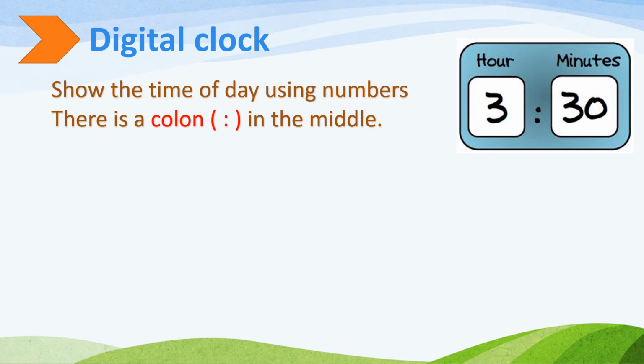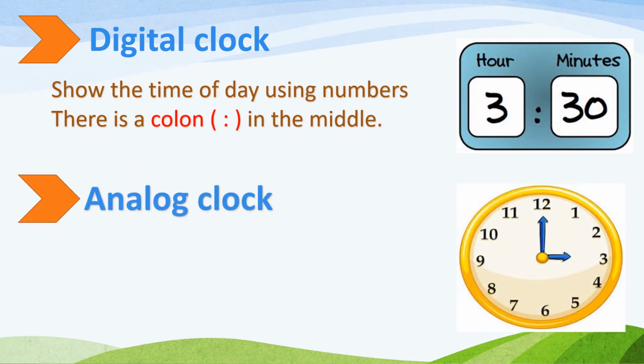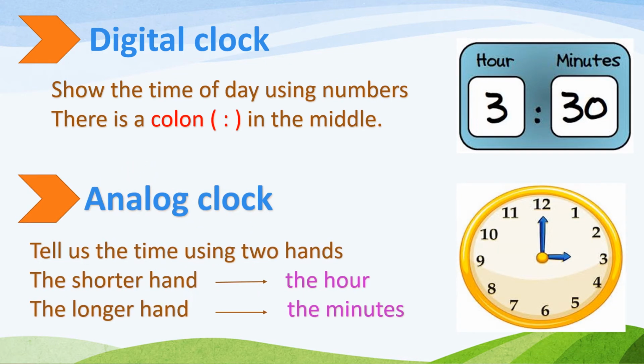The numbers on the left side of the column tell us the hour. The numbers on the right side of the column tell us the minutes. Second, analog clock. Analog clock tell us the time using 2 hands. The shorter hand tell us the hour. The longer hand tell us the minutes.